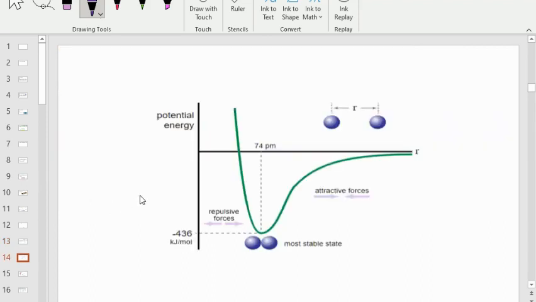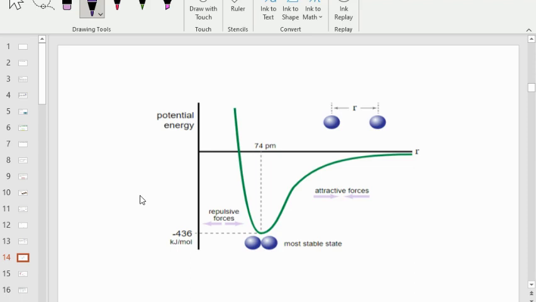This is shown in a graph below. If we are here and they're too far apart, they won't be attracted to one another. If we try to get them too close together, like they're trying to do here, then they're going to repel because they're like charges. So there is a sweet spot here where they are the most stable.